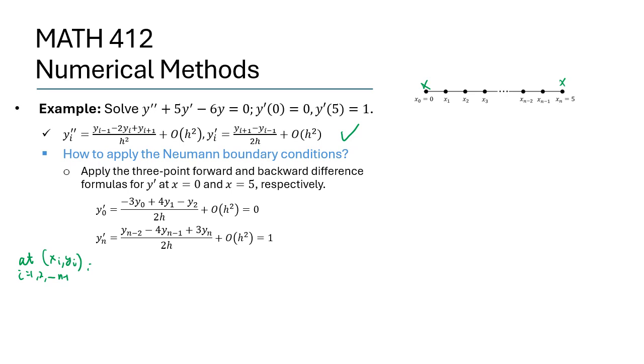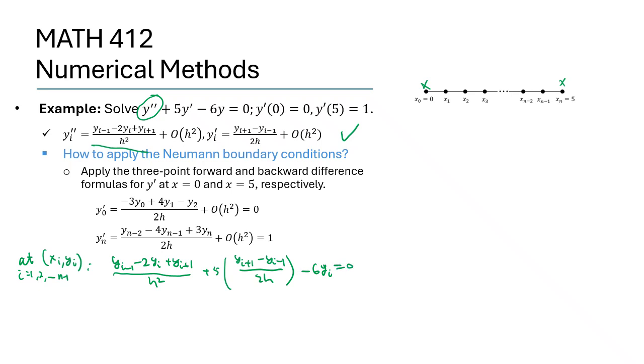In a similar way, we'll replace this with this. That's (y sub i minus 1, minus 2 y sub i, plus y sub i plus 1) over h squared, plus 5 times (y sub i plus 1 minus y sub i minus 1) over 2h, minus 6 y sub i is 0.